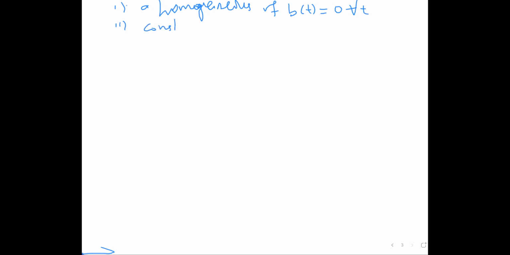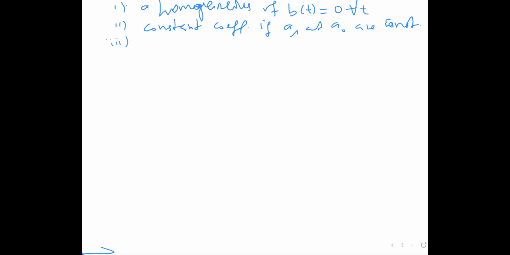Two, we say it has constant coefficients if a1 and a0 are constant.